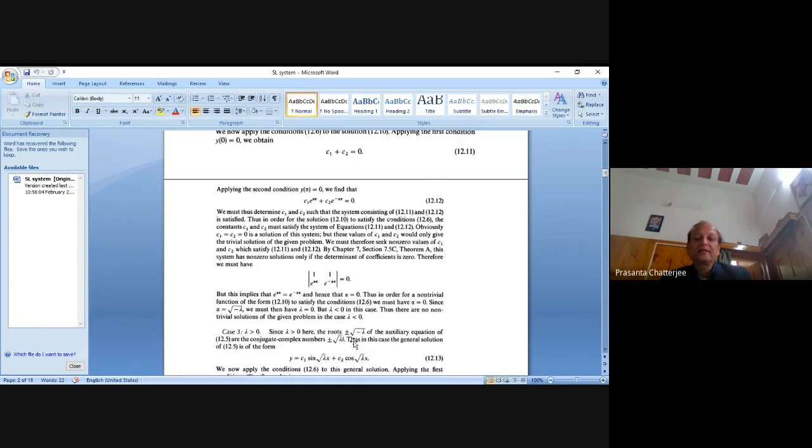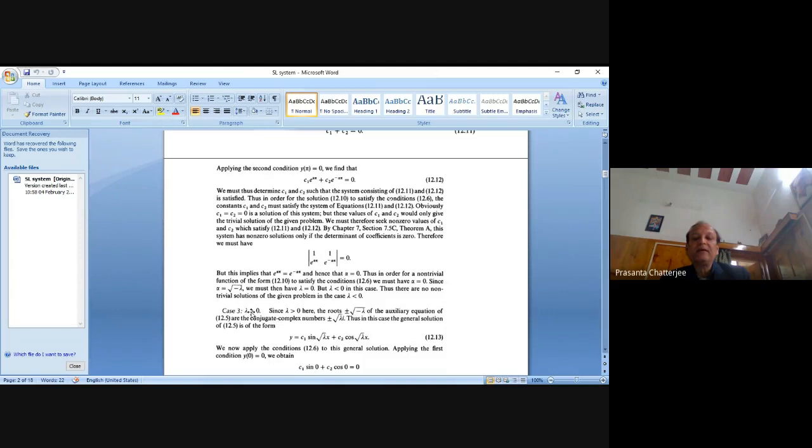Now, suppose lambda greater than 0. So the auxiliary equation will be m square plus lambda equal to 0, and the roots will be plus minus i root lambda. So the solution will be y equal to c1 sin root lambda x plus c2 cos root lambda x.